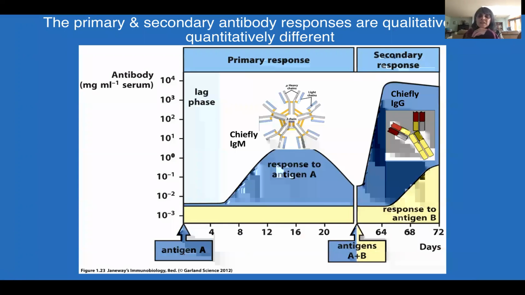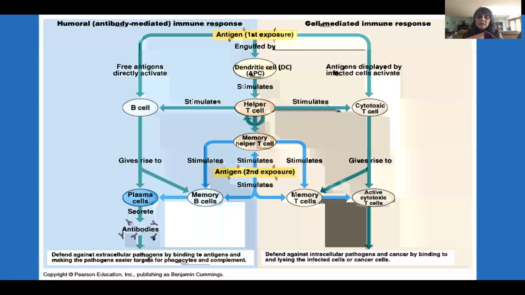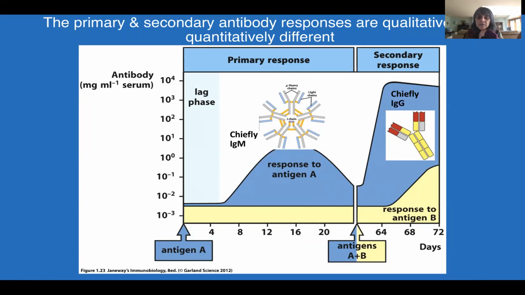So memory is very important because not only are you poised to respond to the pathogen rapidly, you also have a greater amplitude of response. So here is an experiment in which animals were immunized with a particular antigen, antigen A. The kinetics of the response are such that you don't see antibodies in the serum until about 10 days.